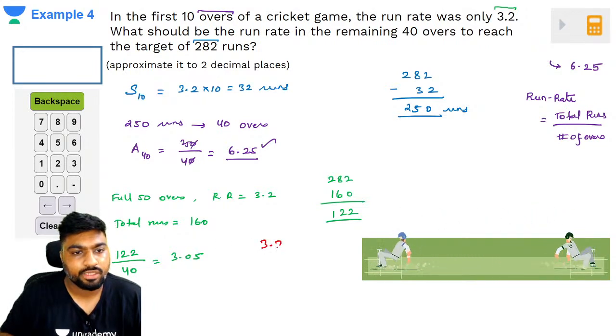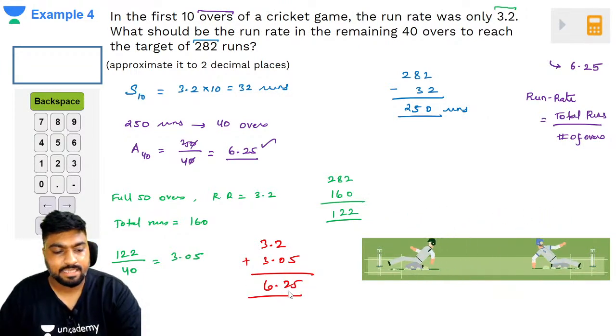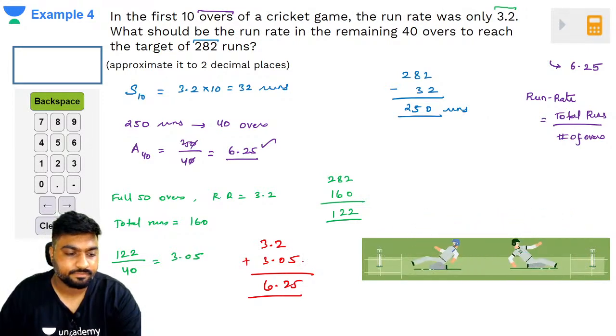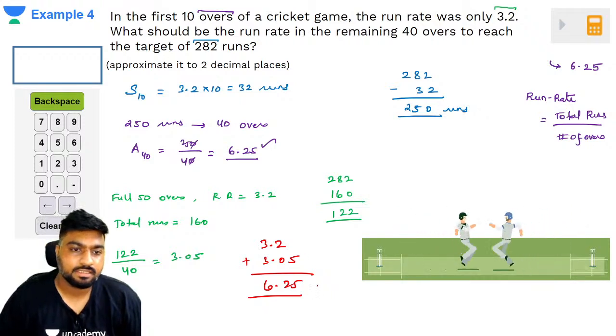Earlier it was 3.2. Now I am adding 3.05 to it, which is 6.25. Say yes if you have understood this.